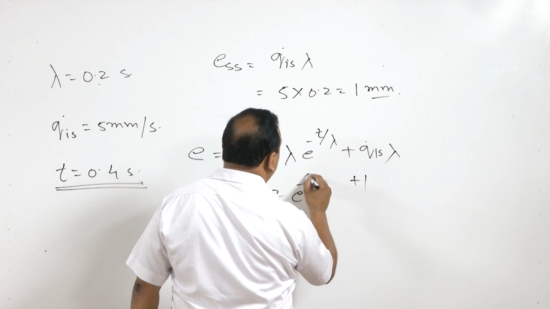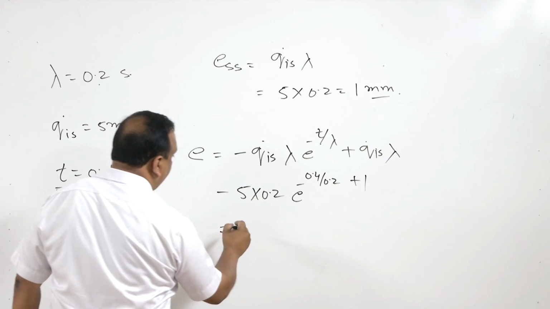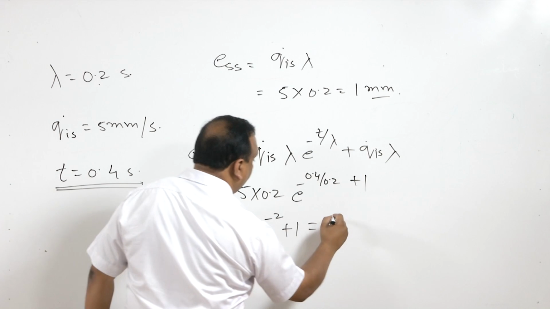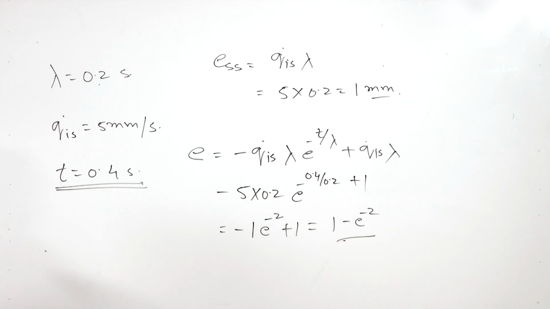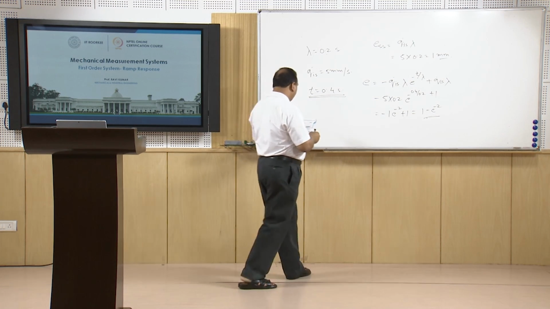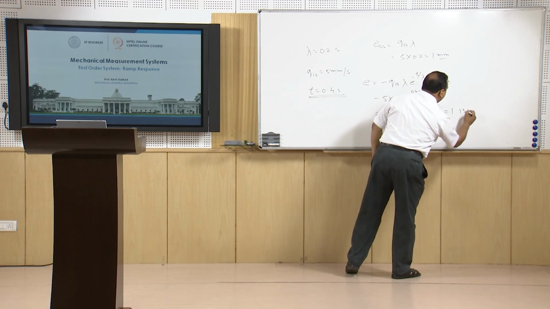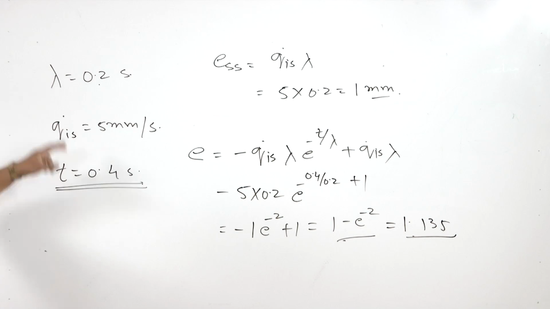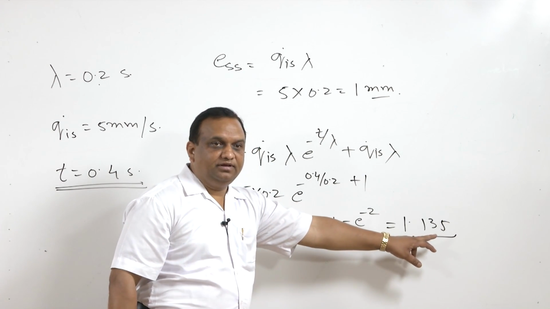So e raised to power minus 0.4 divided by 0.2, which is minus 1 times e raised to power minus 2 plus 1, or is equal to 1 minus e raised to power minus 2 plus 1, and it is going to be equal to 1.135. So after 0.4 seconds or 2 times lambda, the error is 1.135, right?